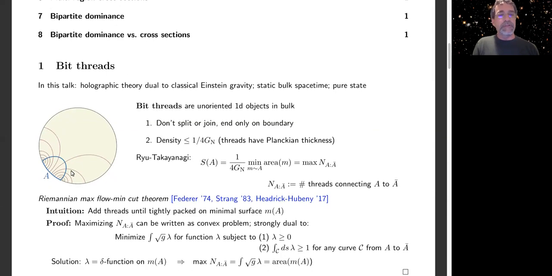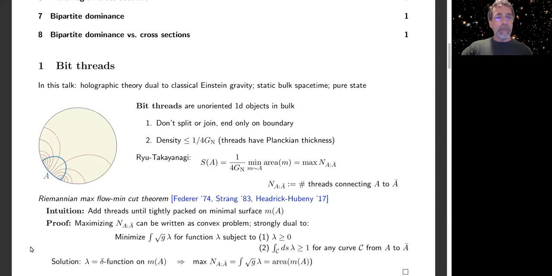It's just a delta function on the minimal surface, and then by this strong duality, which says that this convex problem is equivalent to this, you find that the maximum number of threads is equal to that area. So I think every step in the proof is pretty straightforward, except for the strong duality, and that's kind of the magic part, where you just refer to this powerful theorem that relates equivalent convex optimization problems.